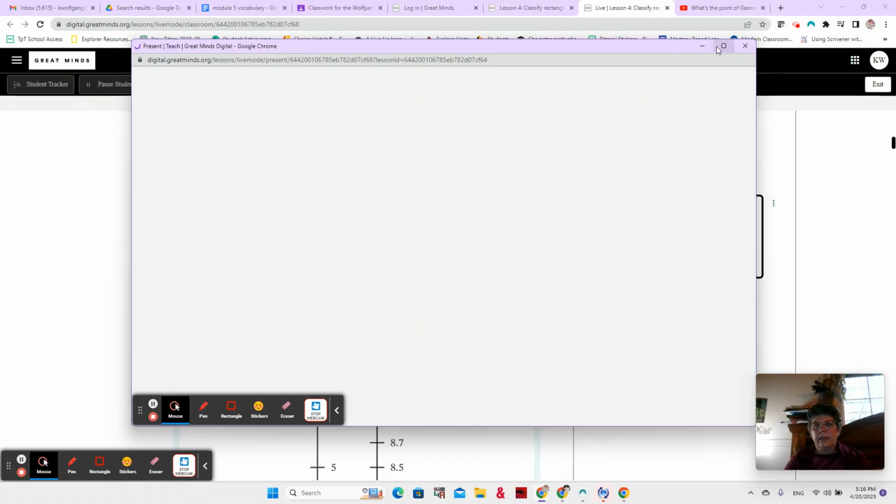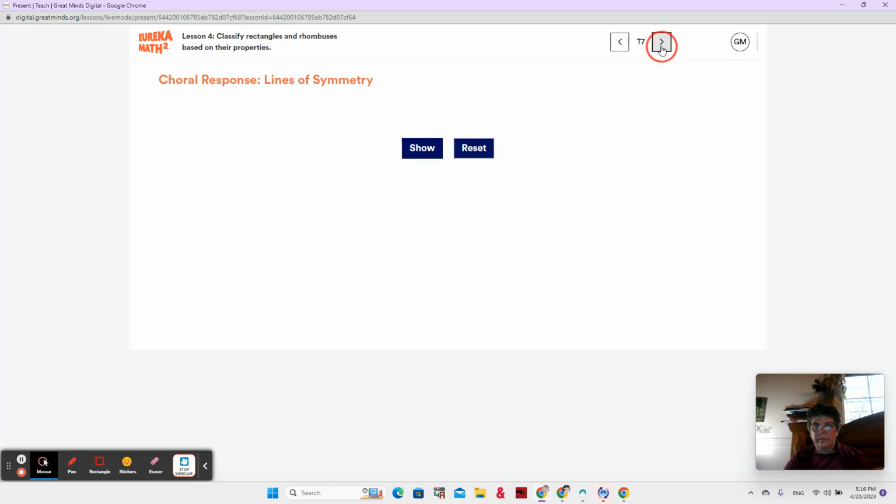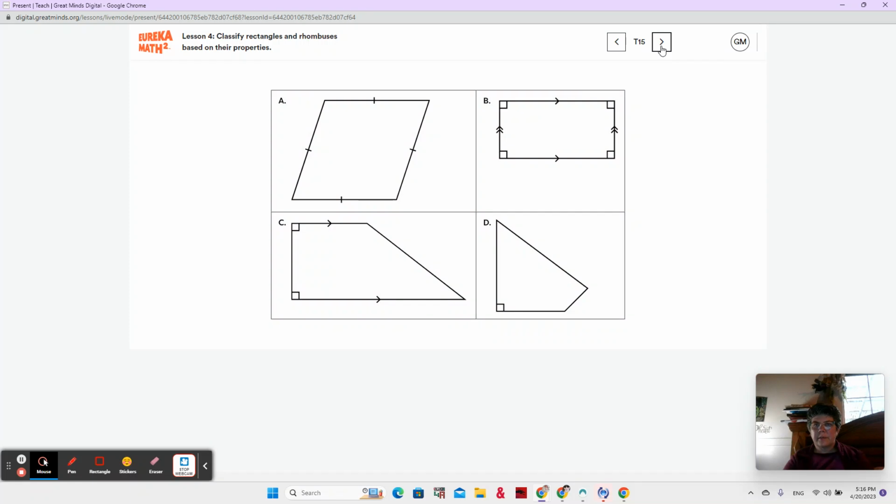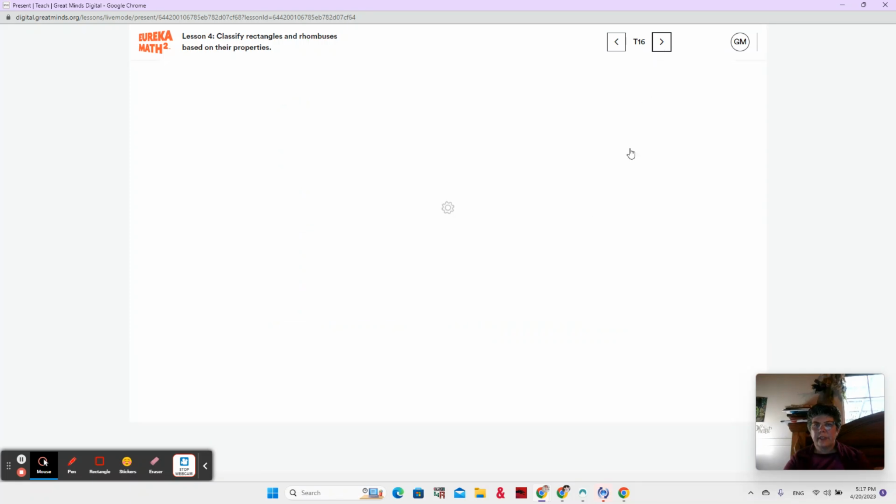Okay, and remember, lines of symmetry are going to cut it into two equal halves. Let's jump to 16 here. There are some examples of lines of symmetry right there in our fluency.